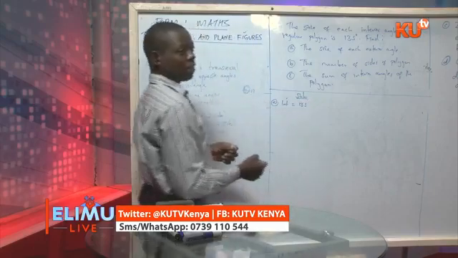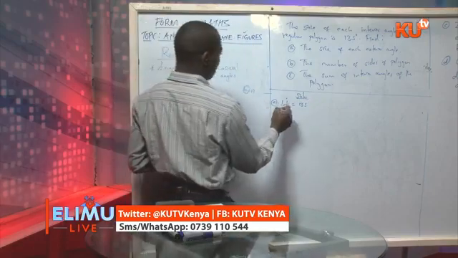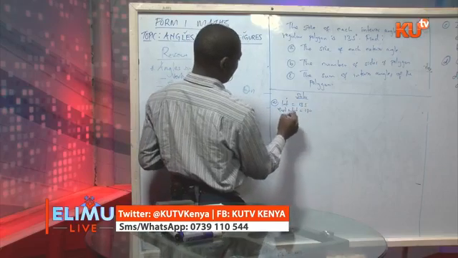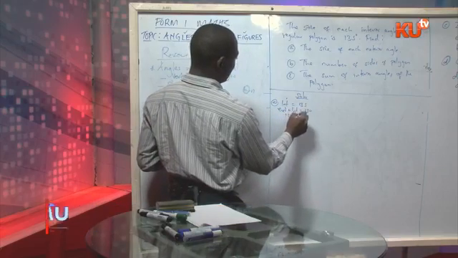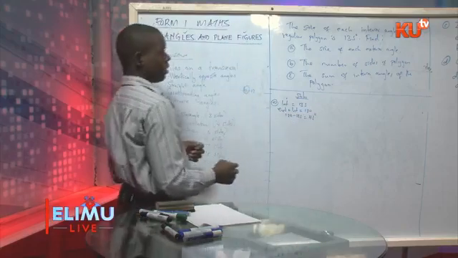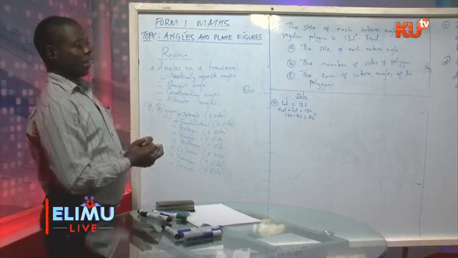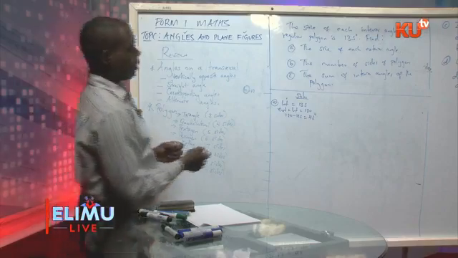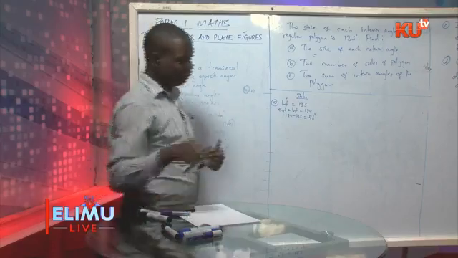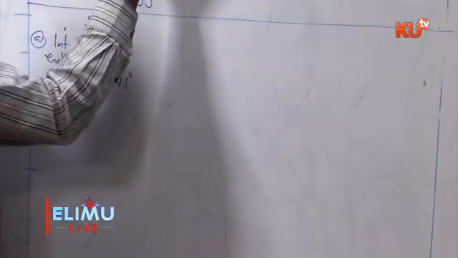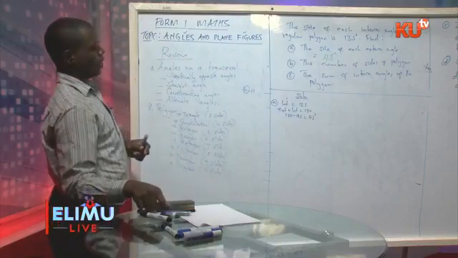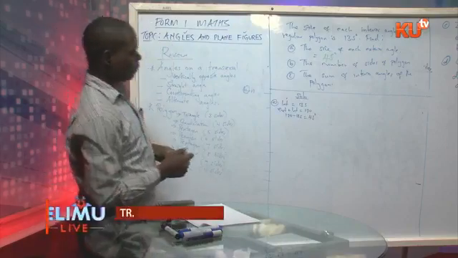To get the exterior is very simple. We say the exterior plus interior is 180. Therefore, take 180 less 135, and the answer is 45 degrees. That is the exterior angle. So part A, the solution here is 45 degrees.